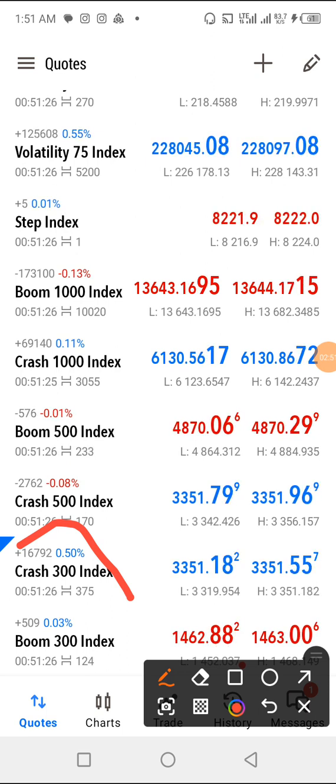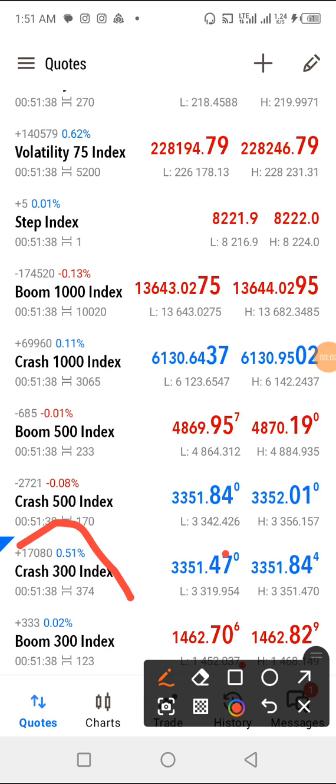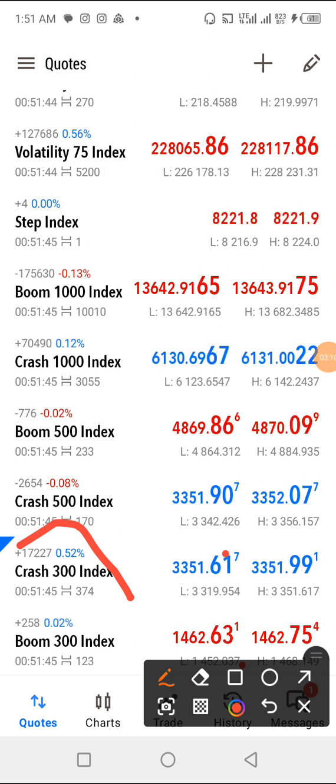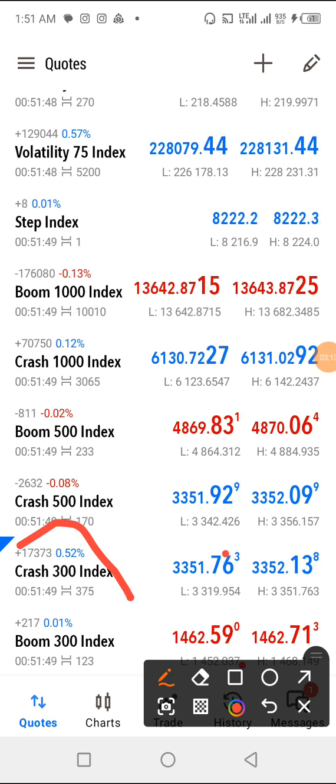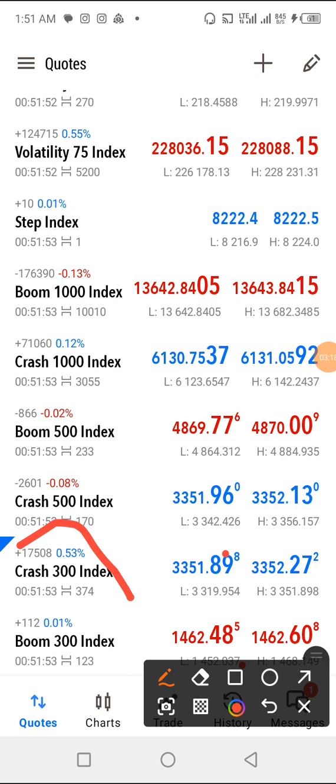Please, like I usually say, all our mobile strategies are for scalping, except you understand fundamental analysis before you hold a trade for too long. When you make a little profit, close it, then you go for another opportunity or you go for another pair. Now on Crash, we want to buy. The conditions for the indicators are met, but we want to check the volume or the power for that particular pair.